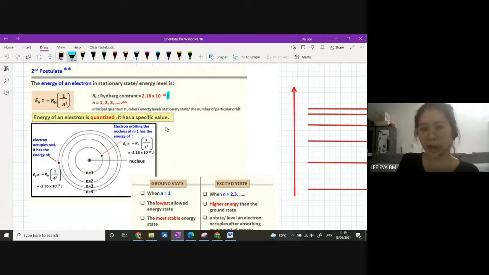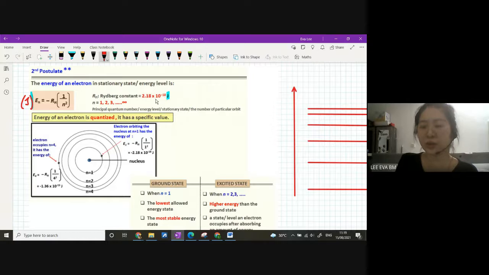Because you have two Rydberg constants with different units, different values. So make sure you understand that if you want to calculate energy, the energy is in the unit joule. Therefore, the Rydberg constant you need to use is in the unit joule.